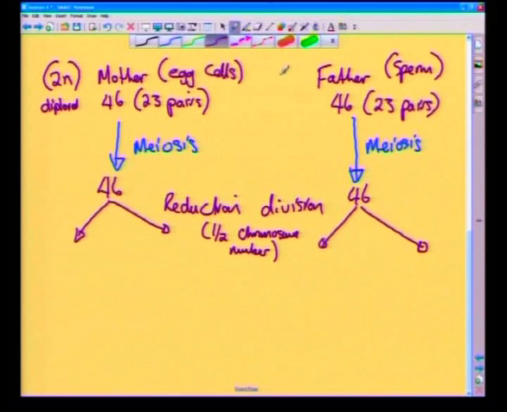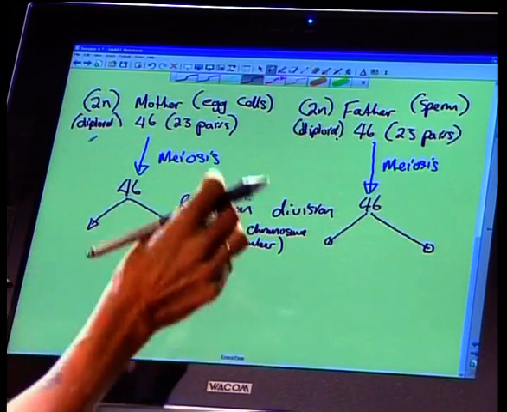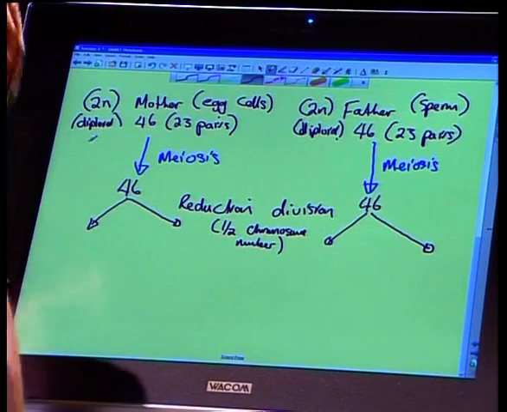And the father is 2N, which means he is diploid. You put this in brackets as well. Okay, here, 46 chromosomes, you're going to have reduction division. It divides into two, or it's halved.